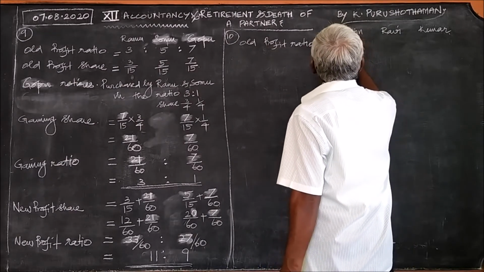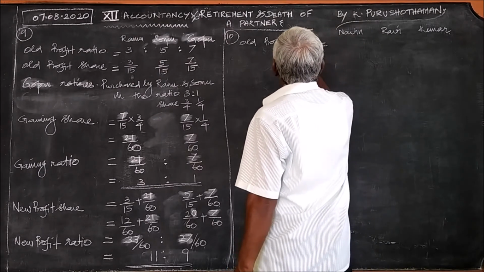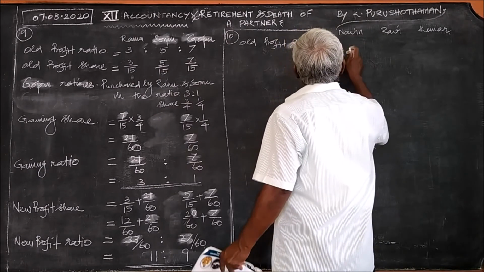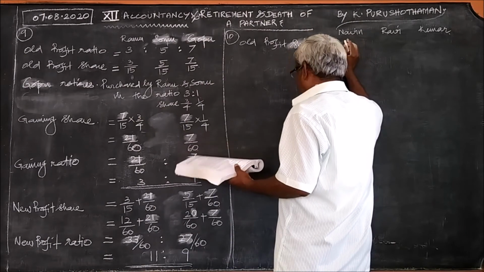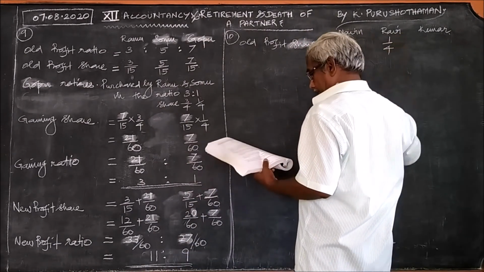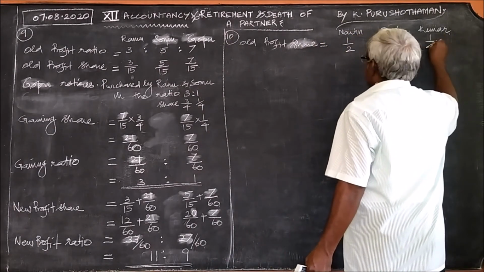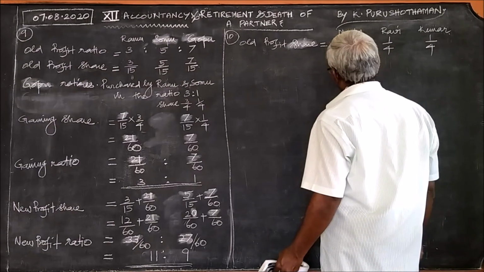That is, we can write old profit share itself because the ratio is not given. The share itself is given. Therefore, 1 by 2, 1 by 4 and 1 by 4. This is the old profit share.